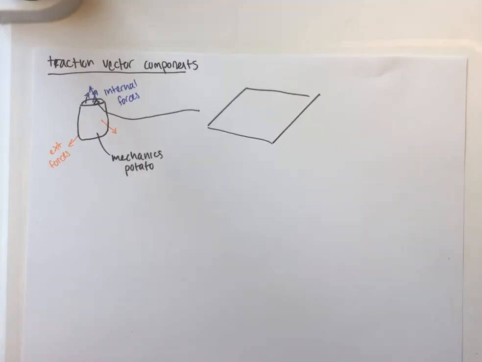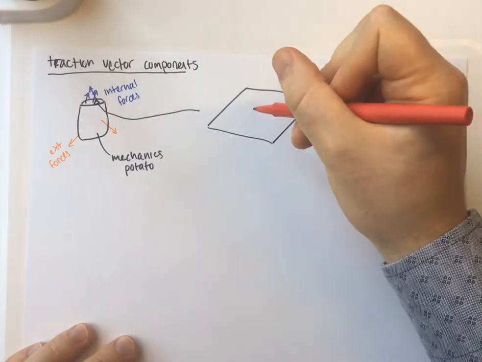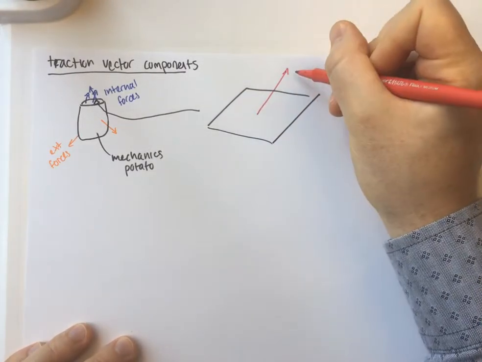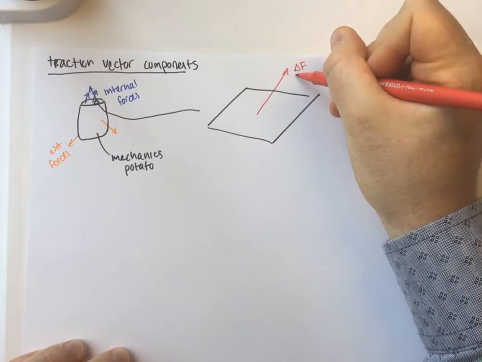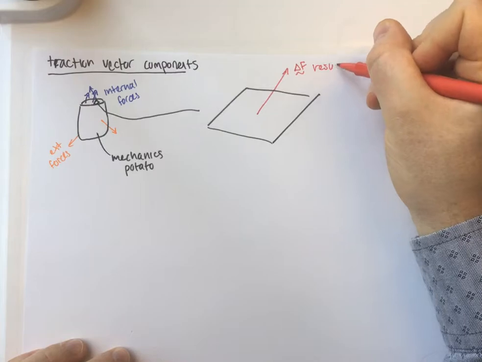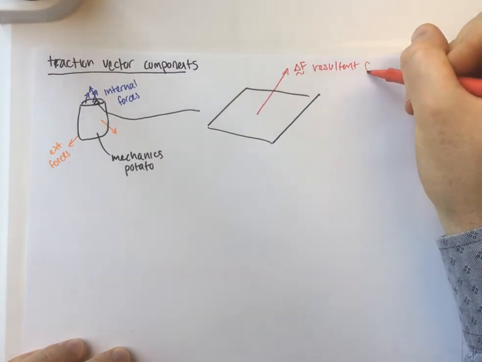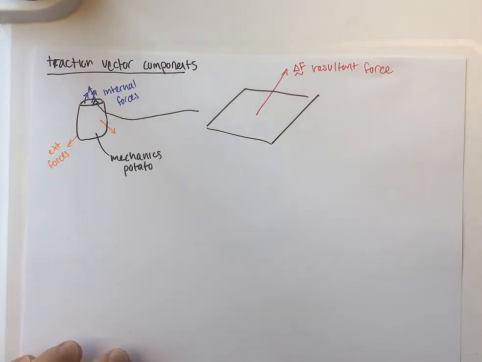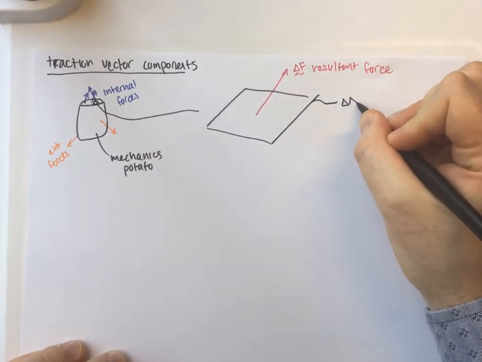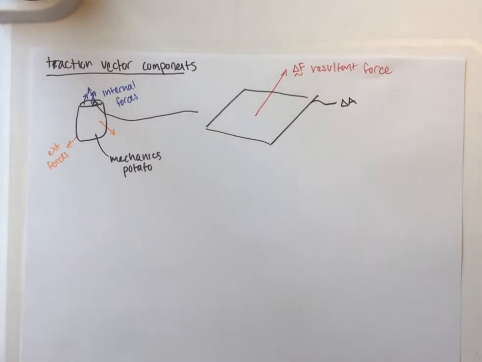And if we take all of the internal forces over that square, we can compute a resultant force vector, which we call delta F with a squiggly because it's a vector. And that's our resultant force. And you can remember the area that we're considering is of area delta A.